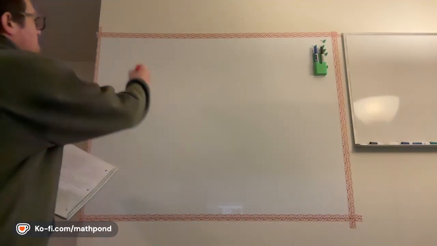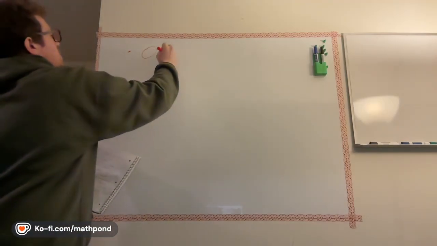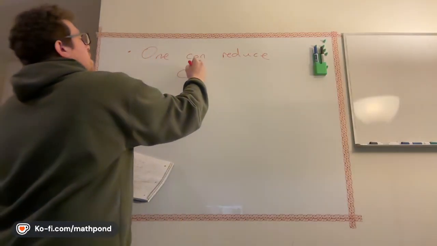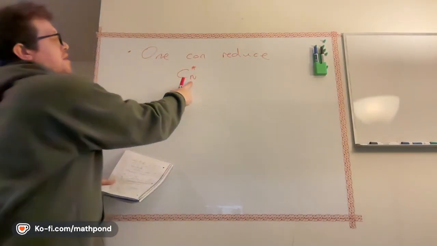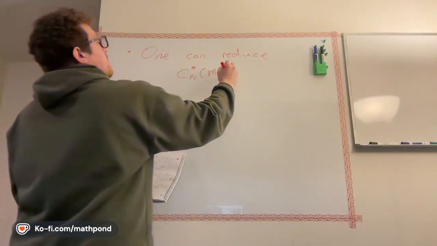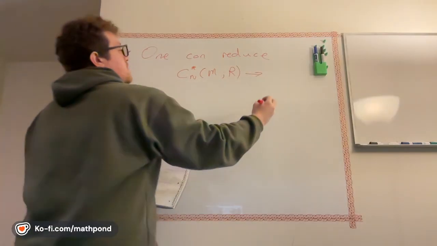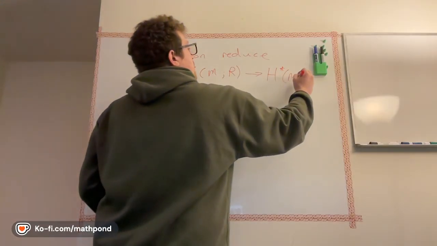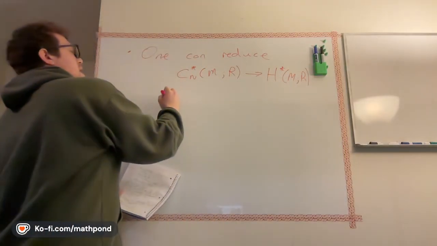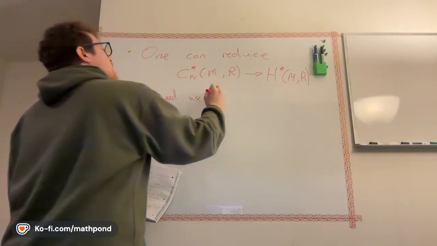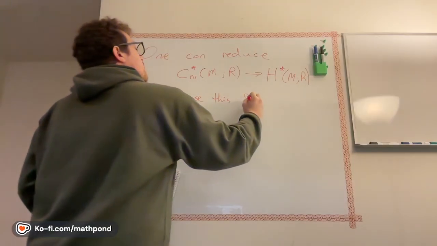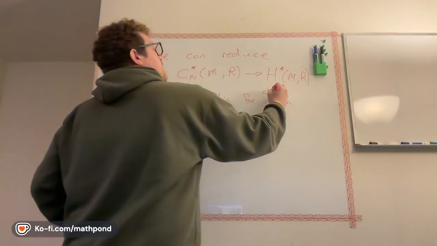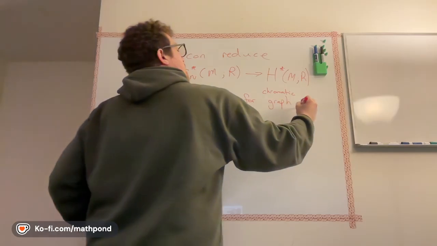Right. So let me just put up the point I just said before. One can reduce C star n of M R all the way down to this cohomology ring, and use this for graph or chromatic graph homology.